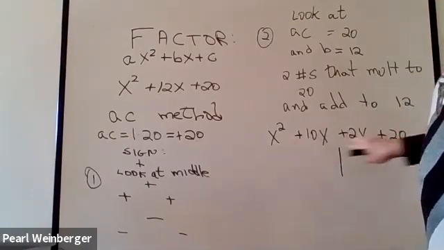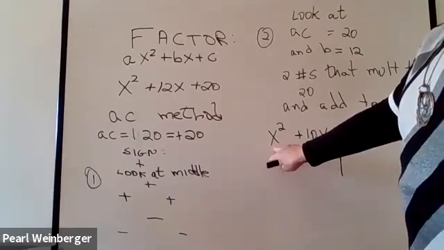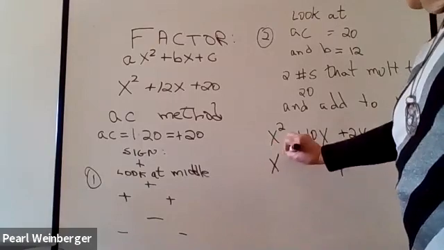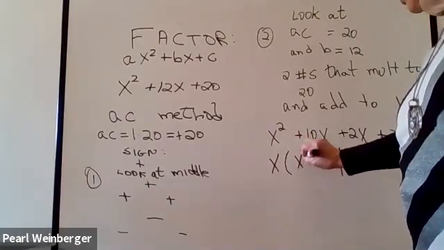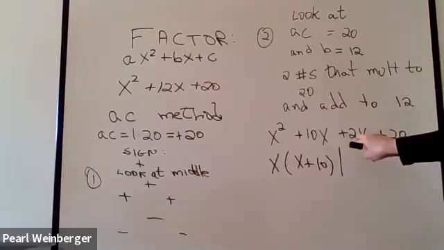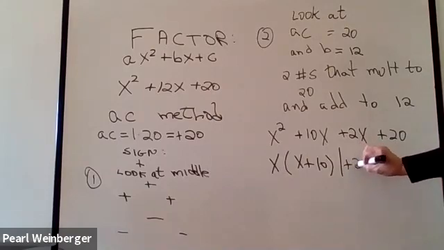This is 4 terms. In my first group, I have an x squared and a 10x, so that has a common factor of x. So I do x times x plus 10. In my second group, I have a common factor of 2. So I do plus 2 times x plus 10.